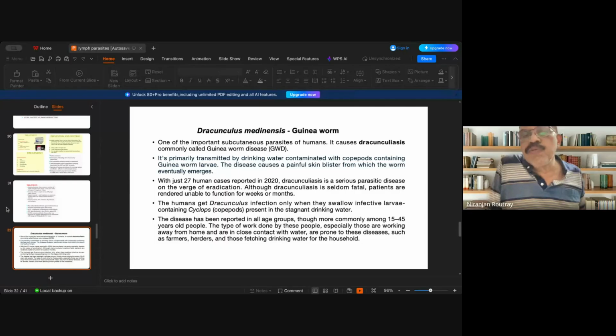So all age groups, though more commonly among 15 to 45 years old people. The type of work done by these people, especially those working away from home and in close contact with water, makes them prone to this disease, such as farmers, herders. Herders means who carry the herd of the cattle, and those fetching drinking water for the household.